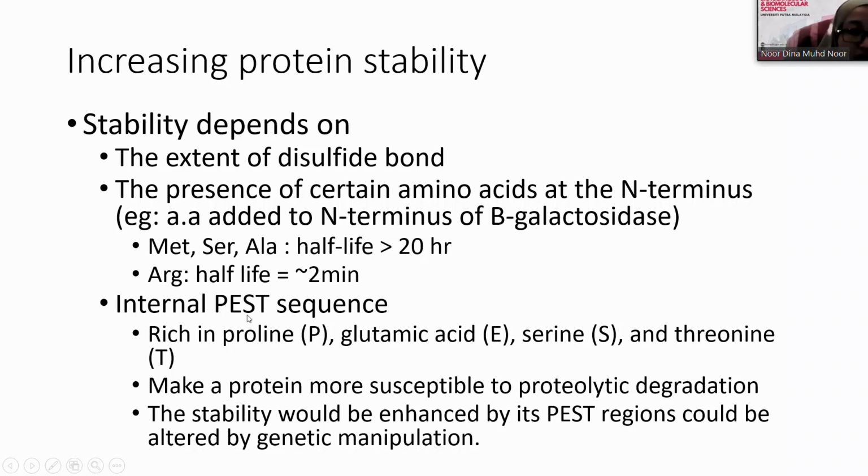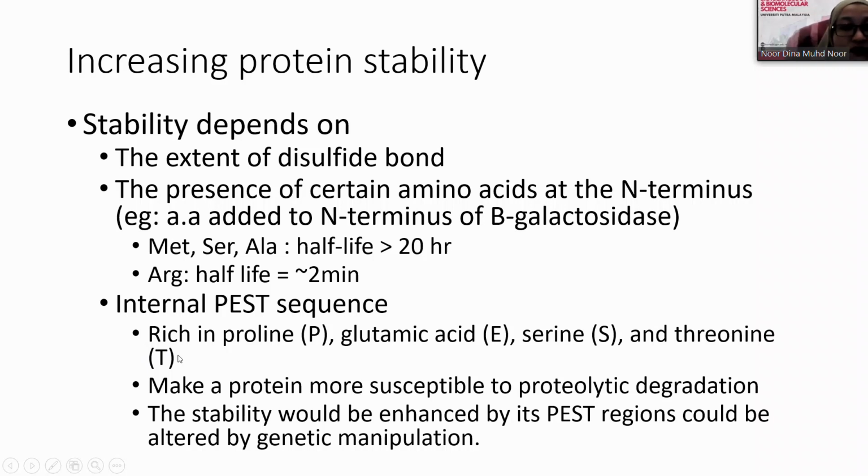I think we have discussed this on the earlier topics, in the earlier weeks, on how the internal sequence and also the part on the N-terminus influence the protein stability. So we have proline, glutamic acid, serine, and threonine.